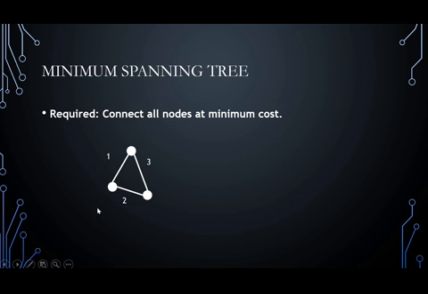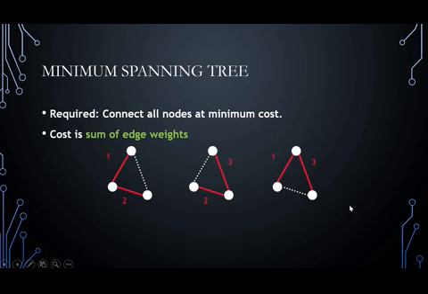If I consider, for example, a network here with 3 vertices and 3 edges. If I need to find the spanning tree for this, I can take any 2 edges so that all the 3 vertices are connected. Right? So we will just have a look.